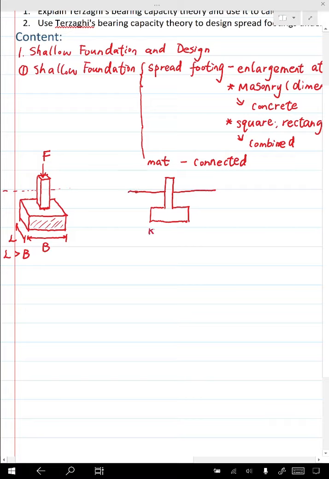As mentioned, because this direction is more dangerous, so this should be B rather than L. But if you don't believe this rule, you can do the analysis yourself to analyze B and L. You will find that B on this direction, we will have a lower bearing capacity. The distance from the ground surface to the bottom of the footing is D. This is called the depth of embedment.